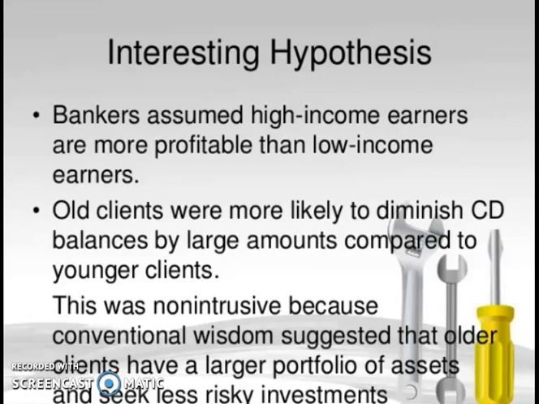Here the banker assumed that high income earners are more profitable than the low income earners. It's just an assumption. It could be wrong or it could be right also. Second example here, you can see old clients were more likely to diminish CD balance by large amounts compared to the younger clients.